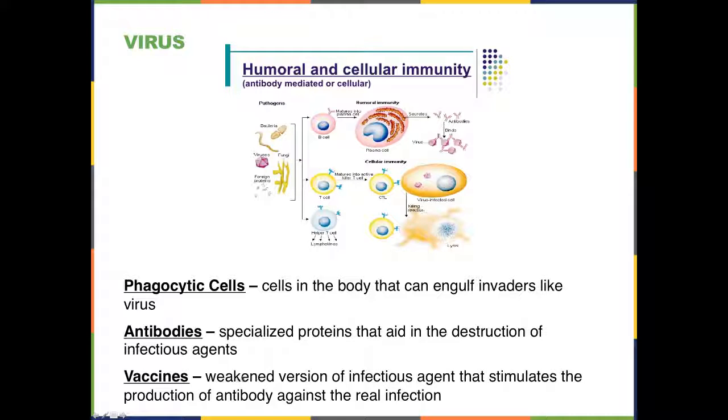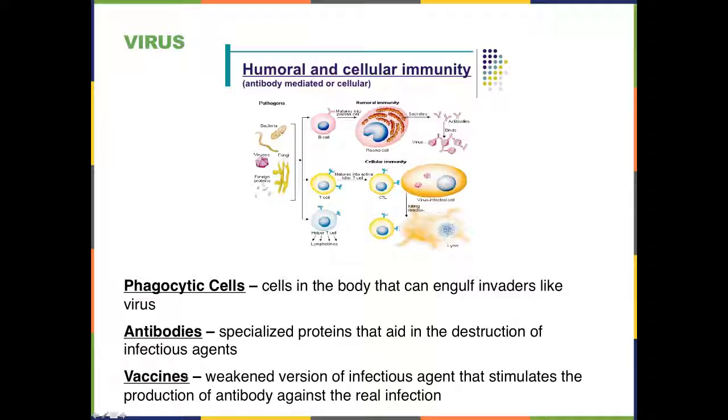Because it's weakened or dead, it doesn't cause the infection itself. It only presents the things that are necessary for the body to recognize the virus, and it produces an antibody. So if a real infection comes along, the body says, well, wait a minute, I've seen that, calls up these antibodies, and either neutralizes it or fights it off. And so that's how these vaccines work.